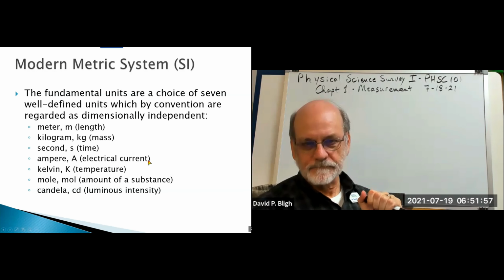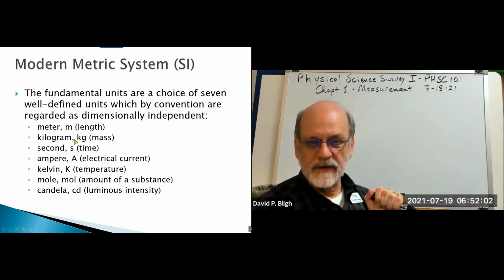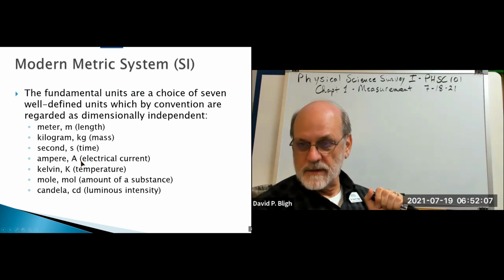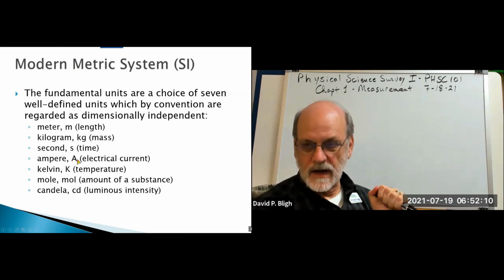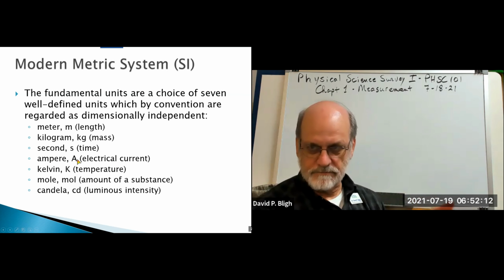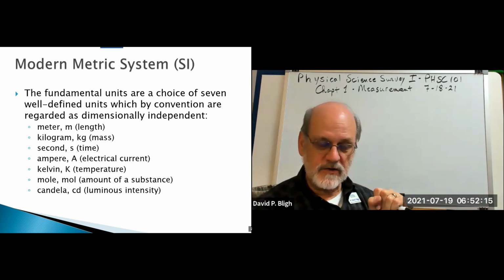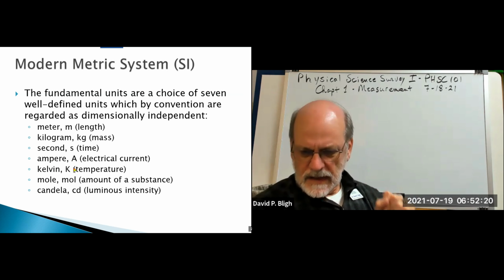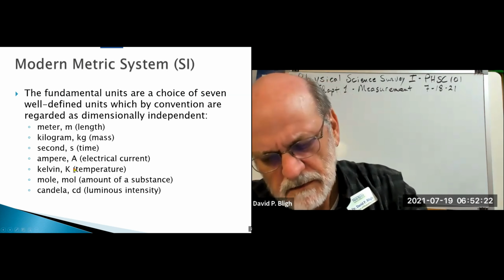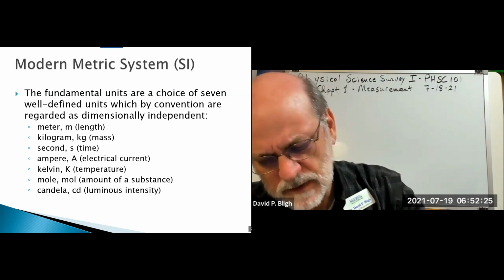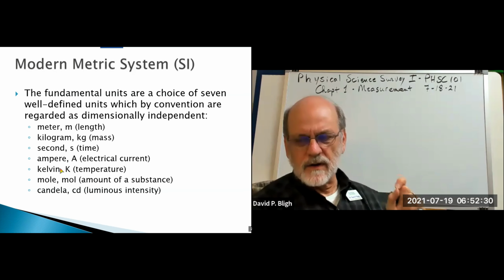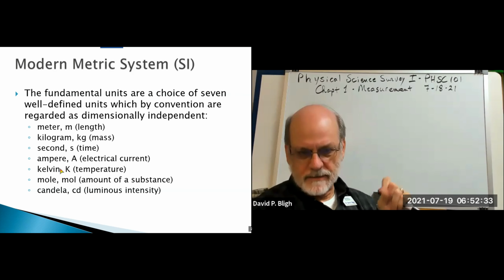All right. So these are the 7 units. The meter we've talked about, the kilogram we've talked about, second we've talked about, the ampere, which is a measure of electrical current. We won't talk about in this. That'll come in the second semester. Temperature, Kelvin. I don't think we're going to, let's see, we might talk about that one. Not so much. We're going to use temperature primarily in chemistry.